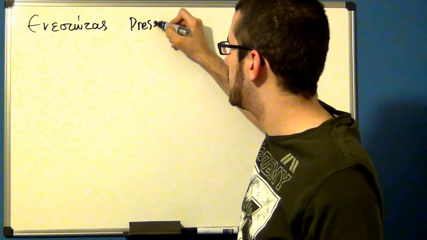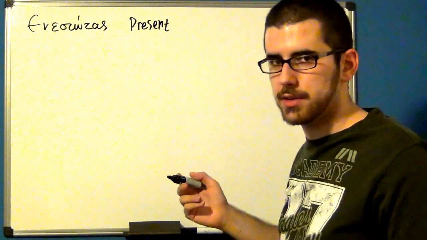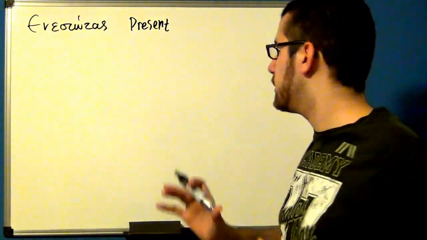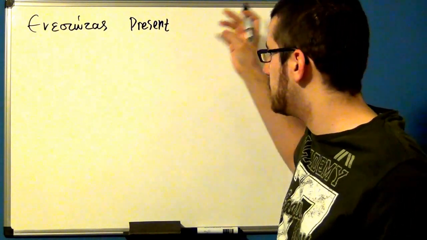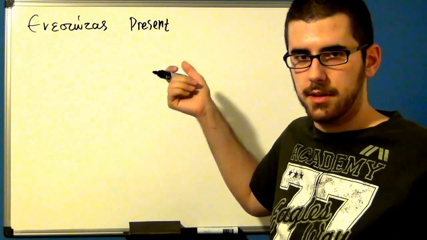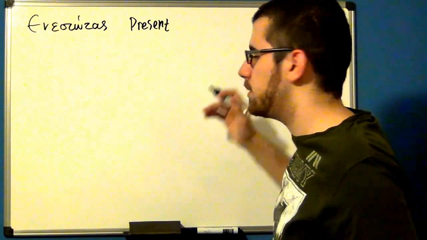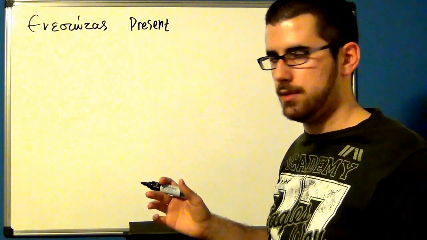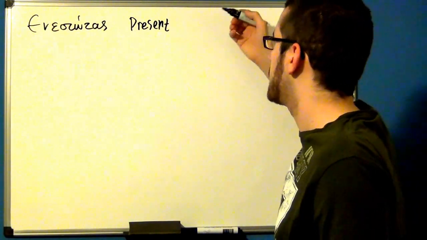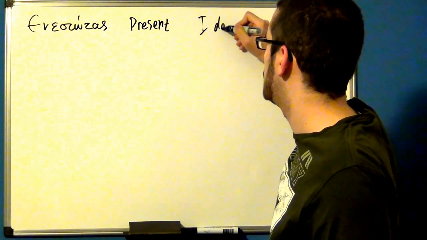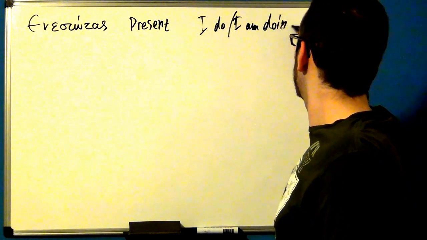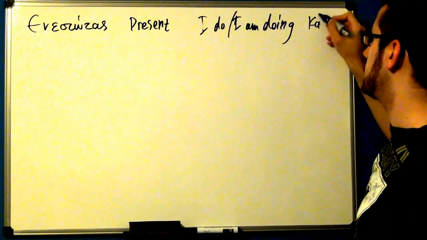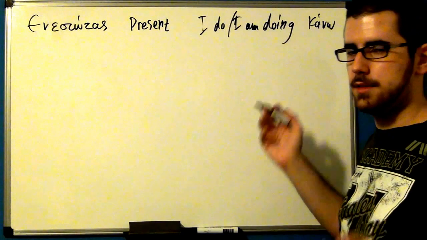I'll just label this tense as present and nothing else, because it's both simple present and present continuous at the same time. There is no differentiation between these two in modern Greek, so it's both I do and I am doing. They are both expressed by κάνω, for example.